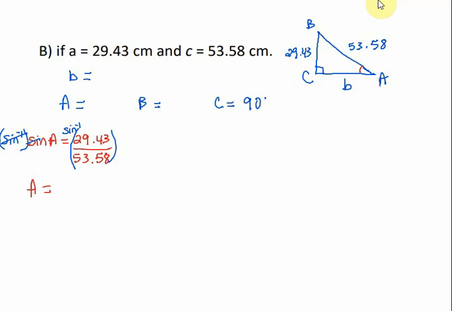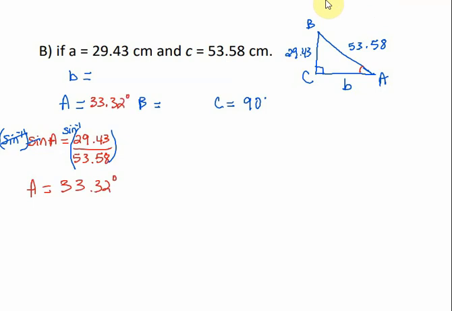And we get, here they're rounding to 2 decimal places, so I'm going to round this to 2 decimal places, and this is our angle measure, and I get 33.317, so that would be 33.32 degrees. Okay, so that is my angle A, 33.32 degrees.